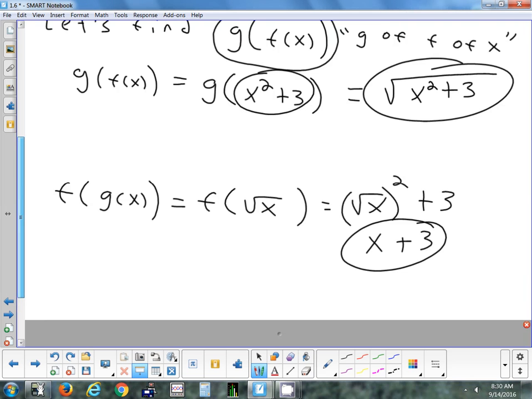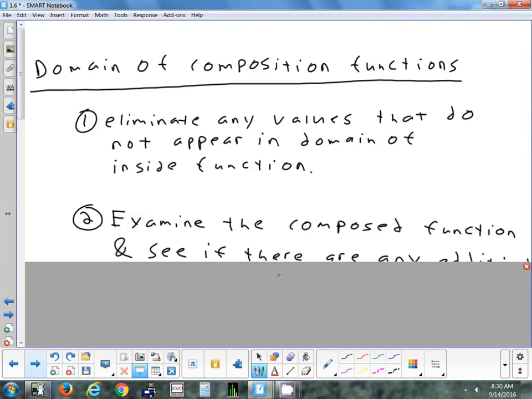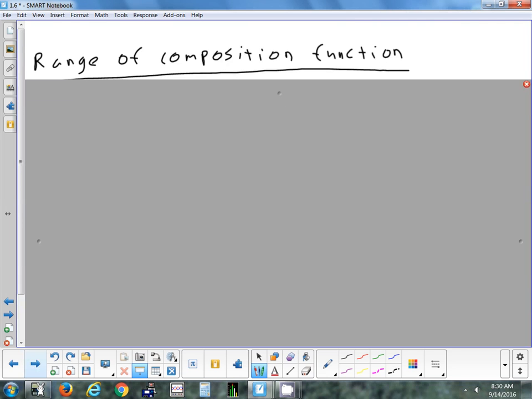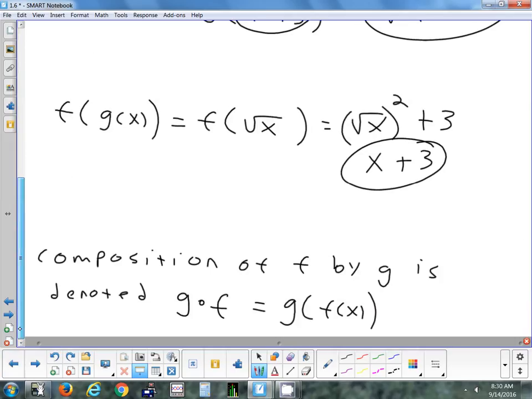I think we're going to do one similar to that in a little bit. Okay, so we just have to be careful with domain. It is not all real numbers. I'll explain to you in a second what it would be.